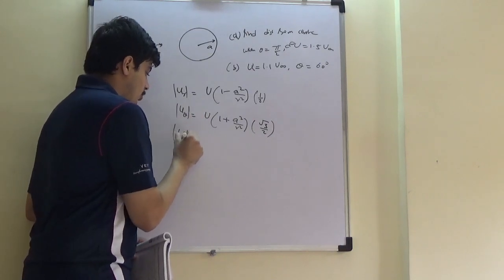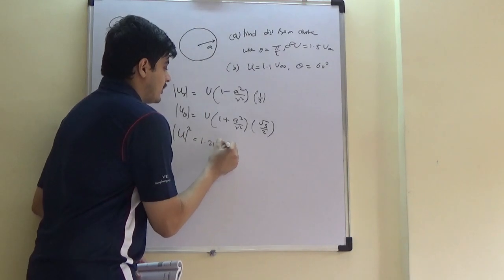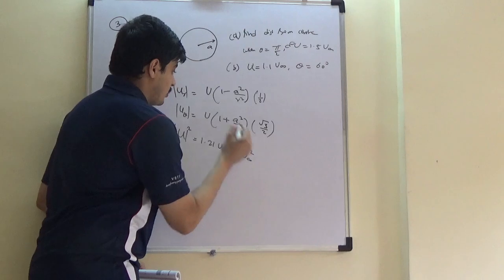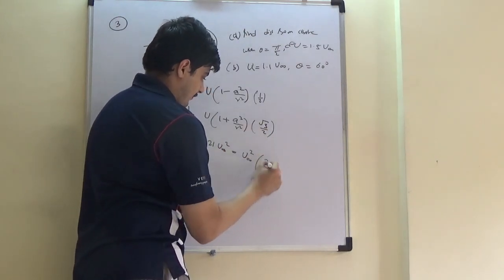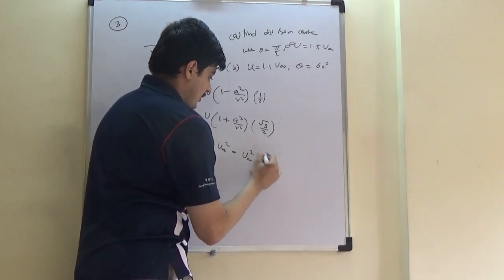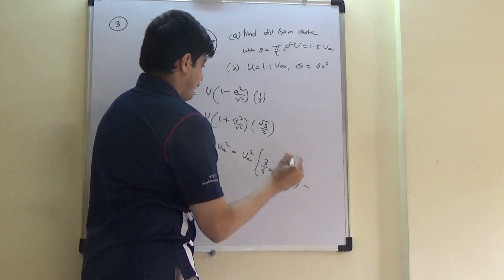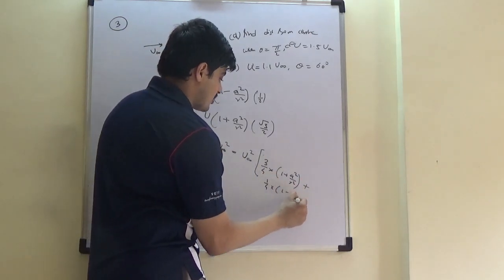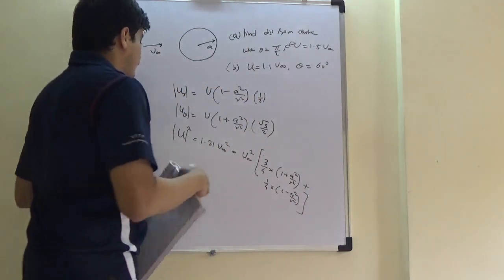So mod u square, which is 1.21 u infinity square. I have squared this. Why? Because you have u infinity square on both the sides. 3 by 4 into 1 plus a square upon r square, plus 1 by 4 into 1 minus a square upon r square. Individual moduli getting added.